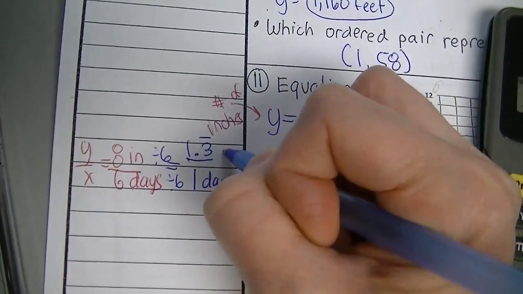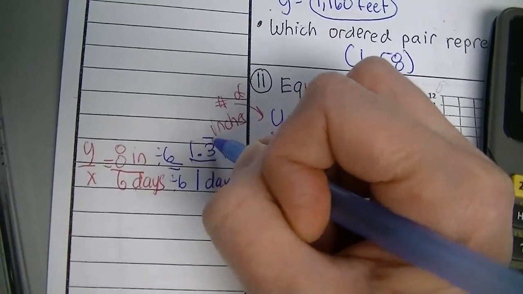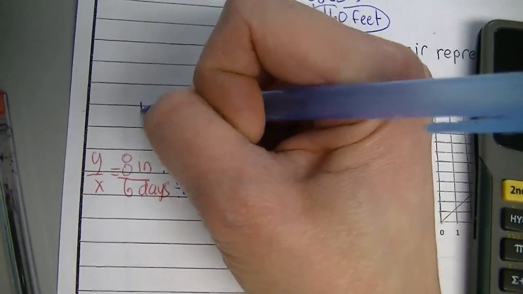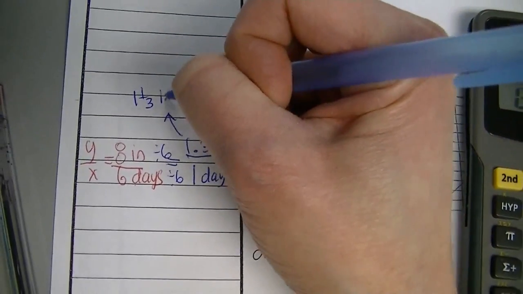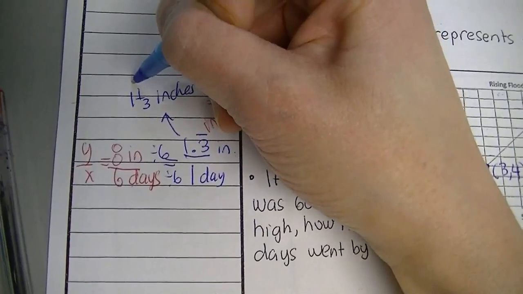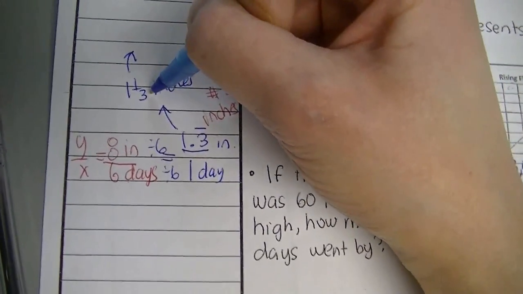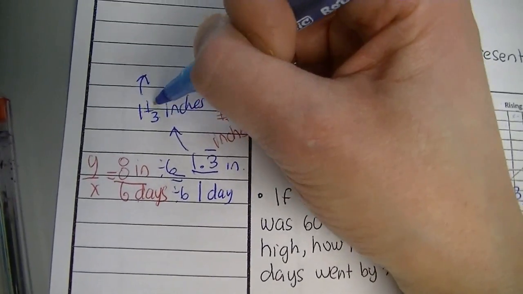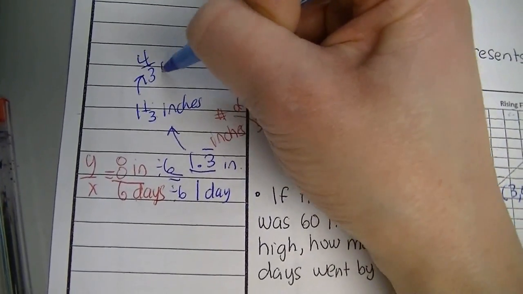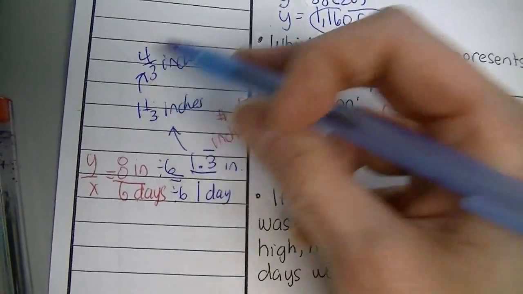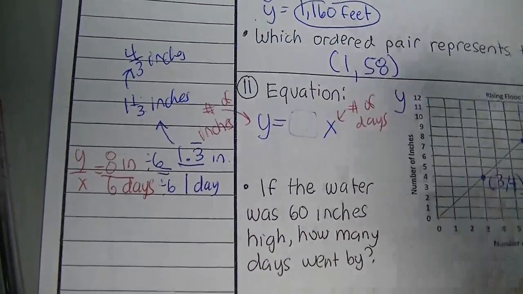1.3 repeating inches. And remember, 0.3 repeating is 1/3. So this is really 1 1/3 inches. And 1 1/3 inches is also equivalent to, let's see, 3 times 1 is 3, plus 1 more is 4/3. So in this little spot right here, you could write this, this, or this, and it would all be the same, okay?